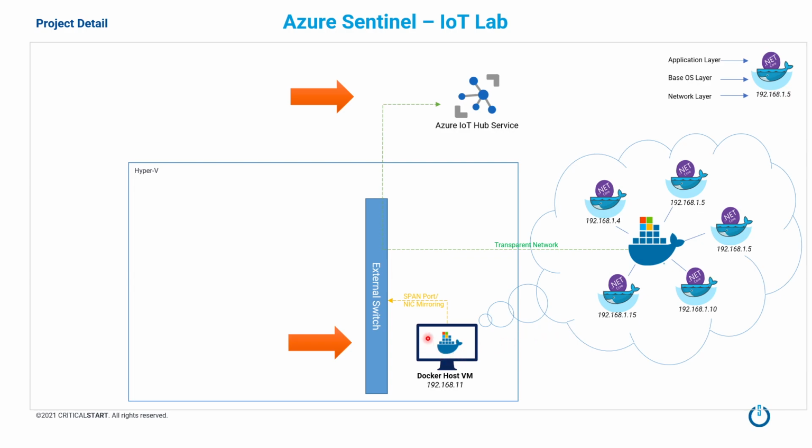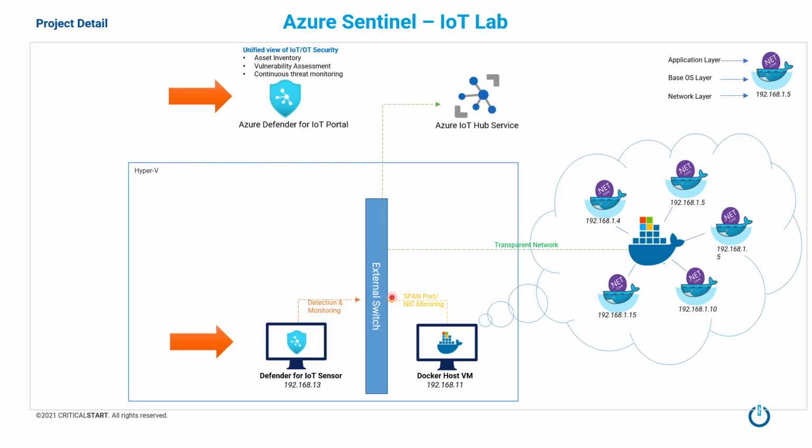And since it has that transparent networking enabled, it is going to be able to use the external switch that is part of the Hyper-V instance to communicate to the Azure IoT service, basically simulating a whole IoT service deployment. Right? An end-to-end IoT deployment where there's an IoT service provider and some IoT devices communicating back and forth on a network. Okay.